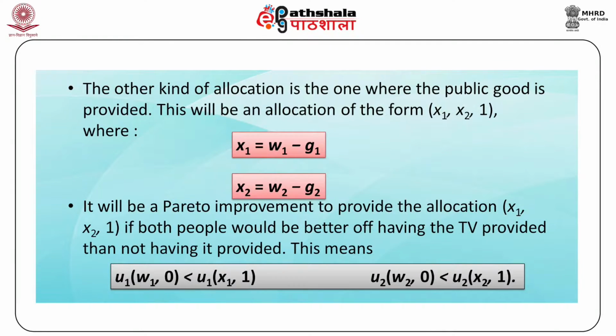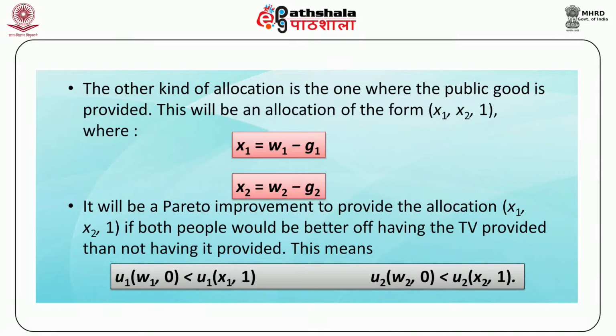The other kind of allocation is the one where the public good is provided. This will be an allocation of the form (X1, X2, 1), where X1 is equal to W1 minus G1 and X2 is equal to W2 minus G2.